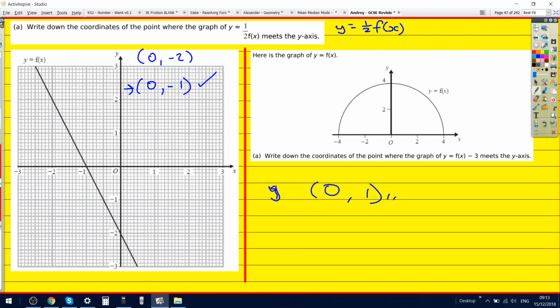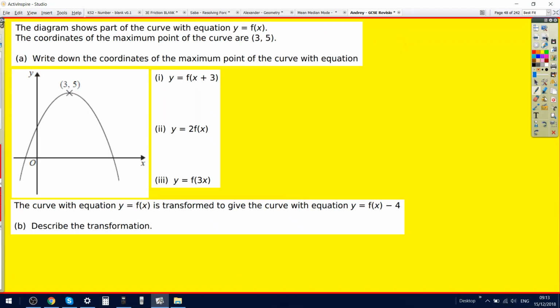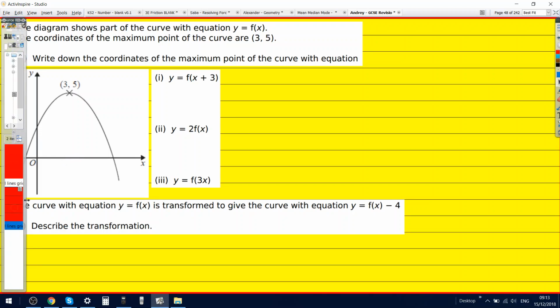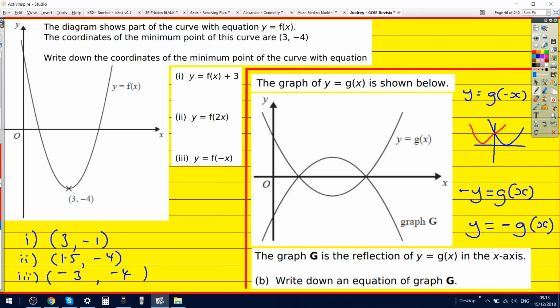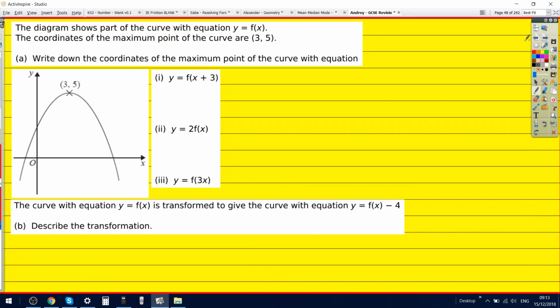Correct. Let's see. Yeah. Let's try, I think, the first two. Hang on. Yeah. First two.